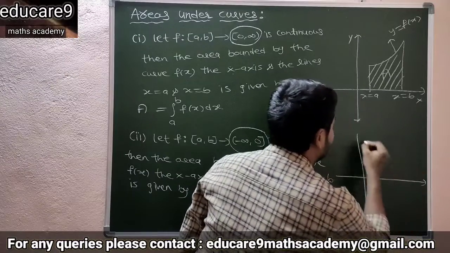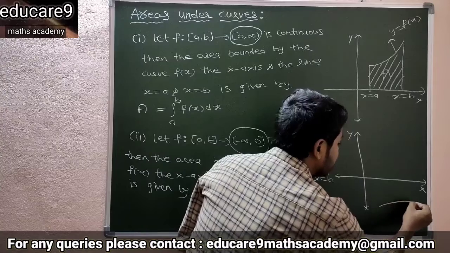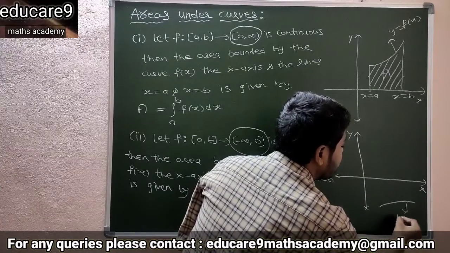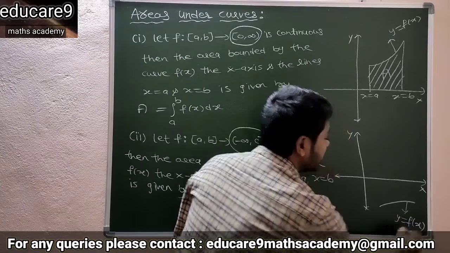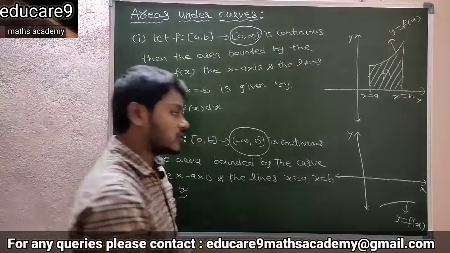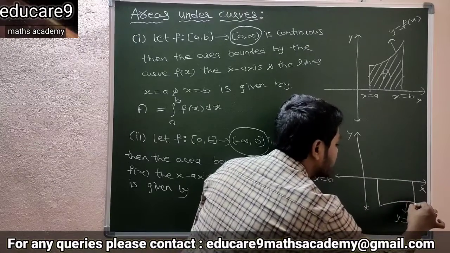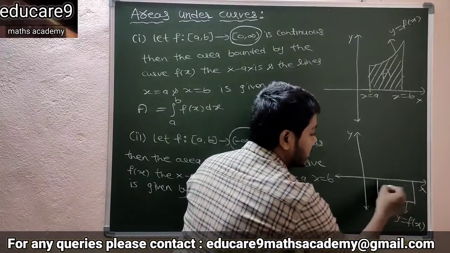See here, like this. This is the coordinate axis, x and y-axis. Suppose this is the curve y equals f of x and the lines are x equals a, x equals b.